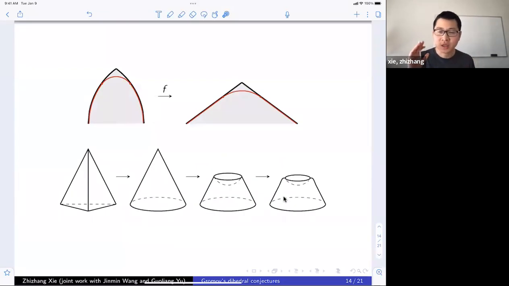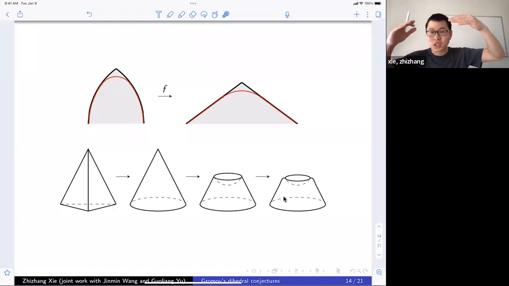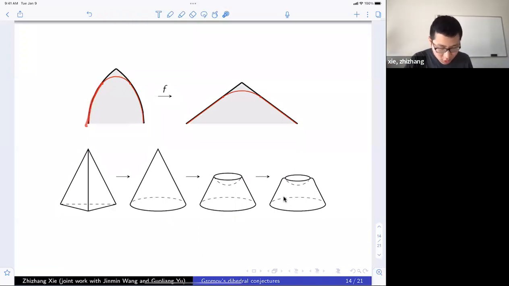Let me just explain how you actually prove this by drawing a picture. The idea, at least philosophically, is not that difficult. You have a corner right here. Instead of dealing with the corner right away, you approximate this corner by a small curve that gets closer and closer to the corner. These parts are just the original faces, so what you get will be exactly the mean curvature of the original face.